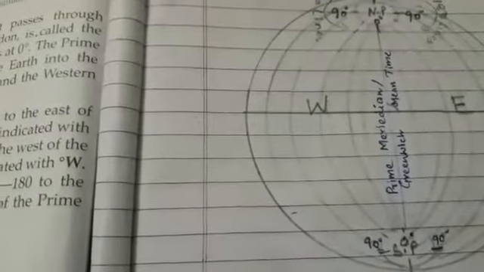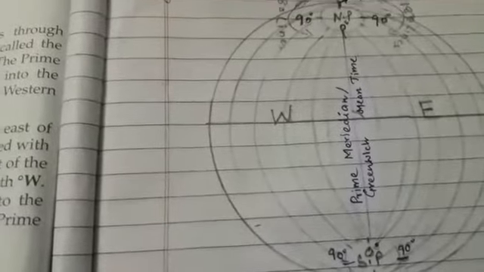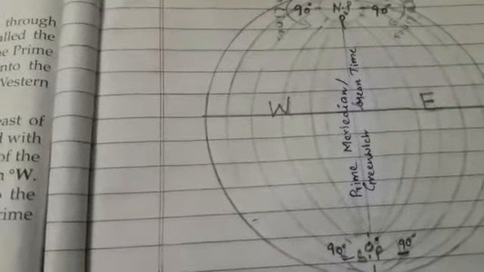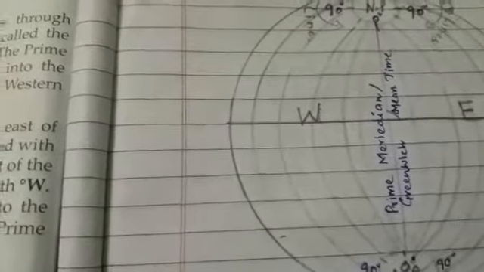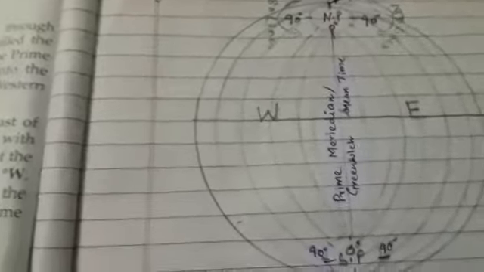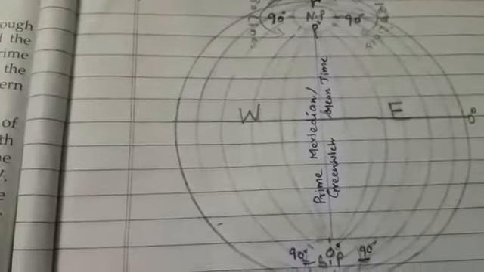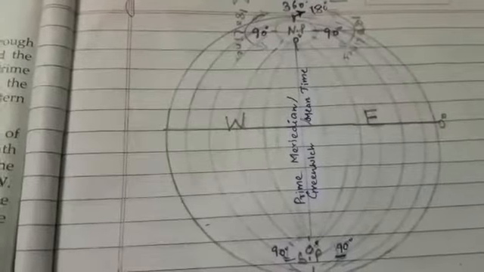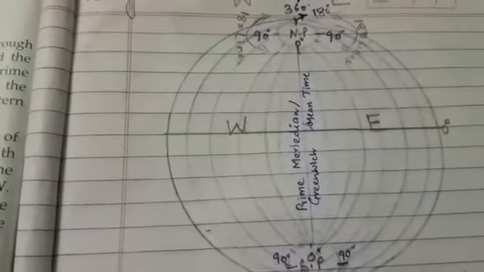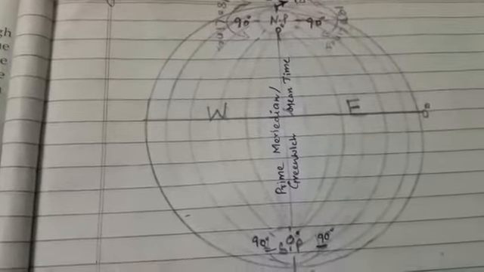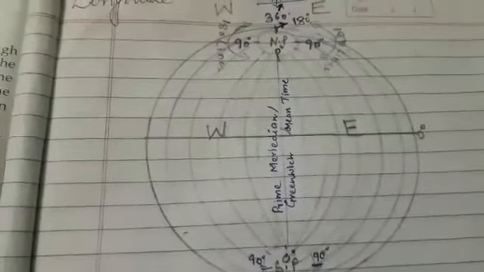So 0 degree is also called the prime meridian, which moves from Greenwich City in London. Now, when the prime meridian cuts the sphere into two parts, the left hand side becomes the western hemisphere and the right hand side becomes the eastern hemisphere.